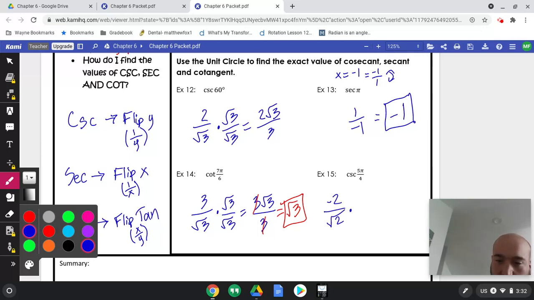So we flipped them, and we got to multiply that one. We're going to get negative 2 square root of 2 over 2. Once again, these can cancel. And our final answer is just negative square root of 2.